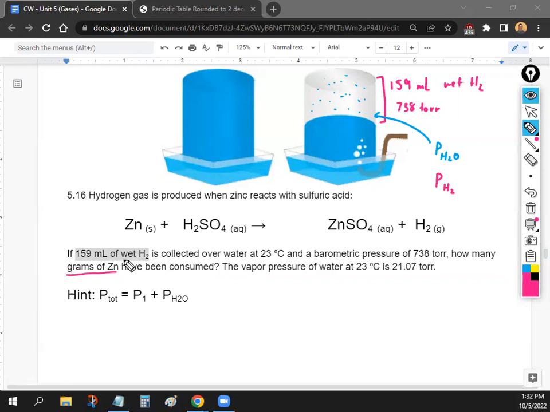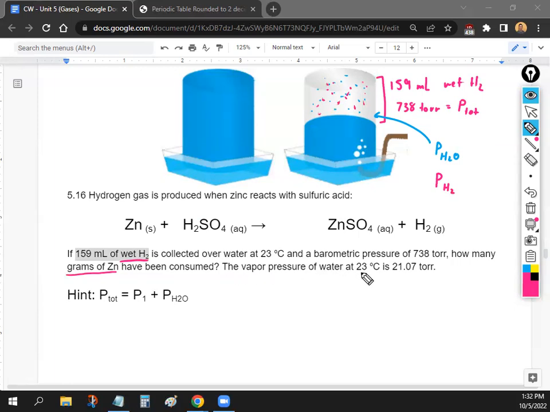Whenever you see the term wet H2 or wet something, it's telling you it's actually the total pressure of a gas that's collected over water, because there's going to be H2 gas in here, but there's also going to be that water vapor that by itself starts vaporizing. So 738 is going to be your total pressure. It's wet because of the water vapor that automatically creates its own pressure in there. Okay, make sense?